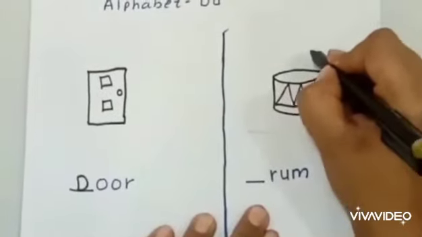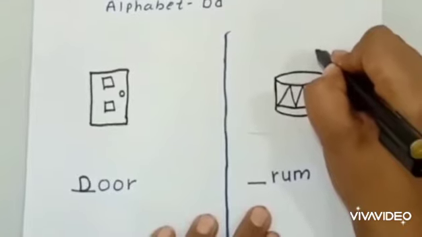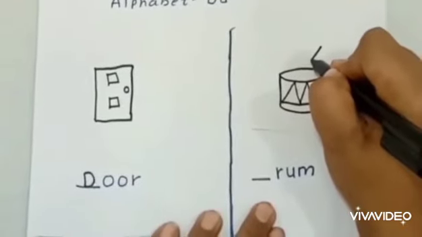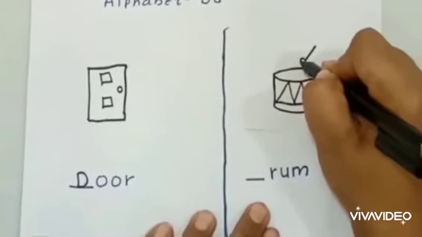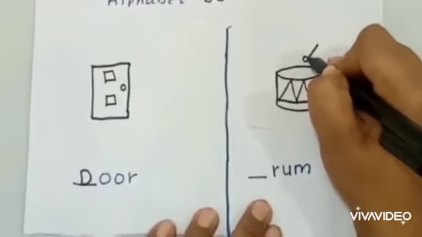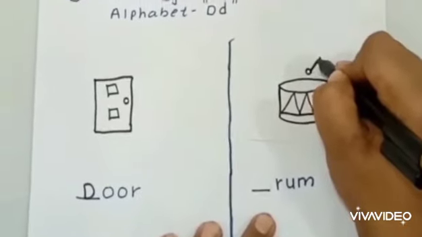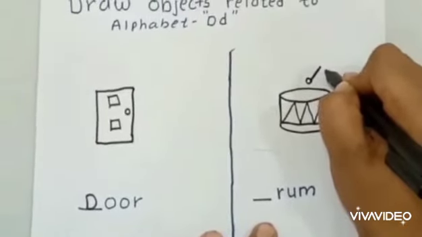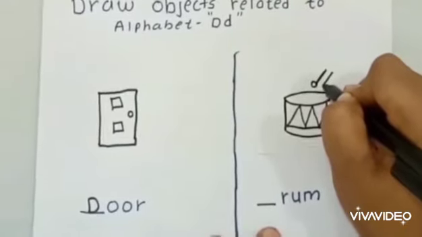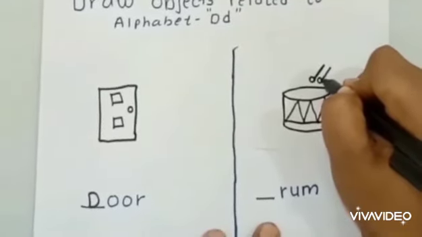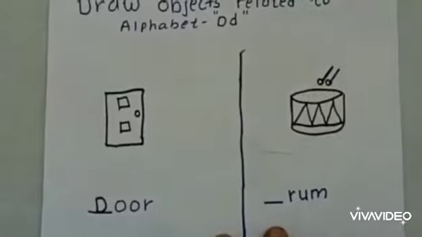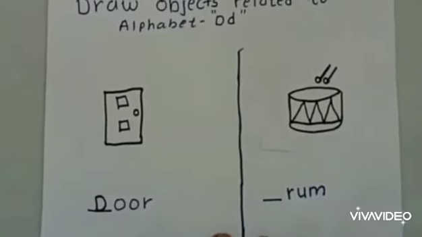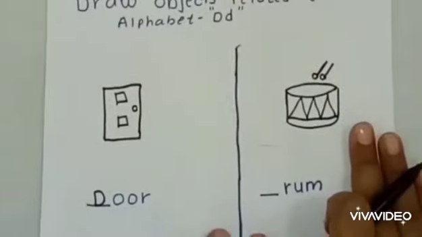Now we will draw a drum stick. For that we'll draw one slanting line and a small circle. Another slanting line and make a small circle. So our drum stick is ready.